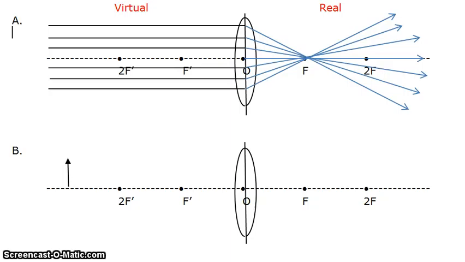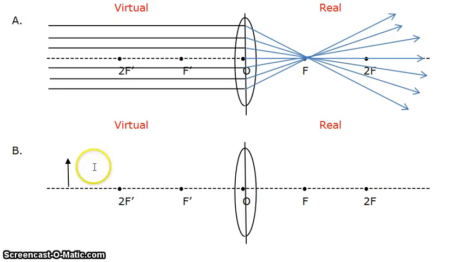For lenses, the left side of the lens is going to be virtual, and the right side is going to be real. This is because for a lens you expect the light to pass through, so light that has passed through is real, and light that ends up back on the original side is imaginary. It's our brains doing silly things, so that's virtual.